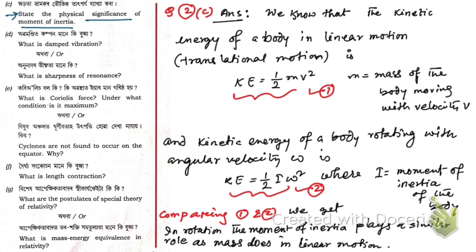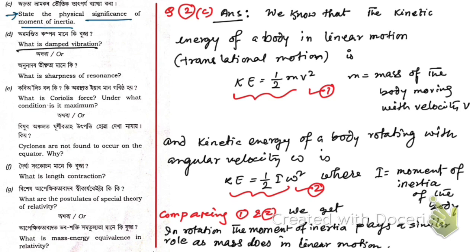Right, so hope you have understood this. So this is the physical significance of moment of inertia, and you can say that moment of inertia is the analog of mass. Okay, so now let's move on to the next question.